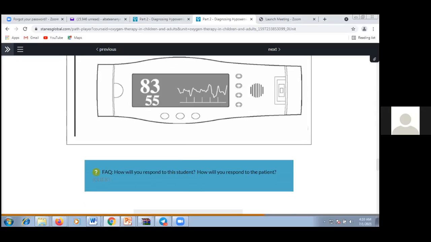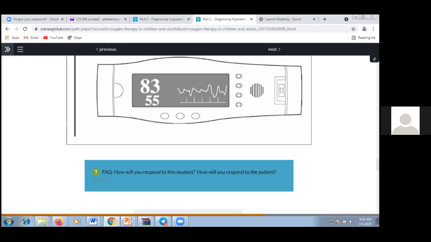So always when we see a pulse oximetry reading, we have to make sure that it's an accurate reading. So we shouldn't be rushing to start management, or giving false reassurance, just by reading the numbers. One thing we always have to make sure is that the pulse oximeter has a good, strong pulse signal. So we have to have a good waveform in order to accurately say that it's the correct reading.